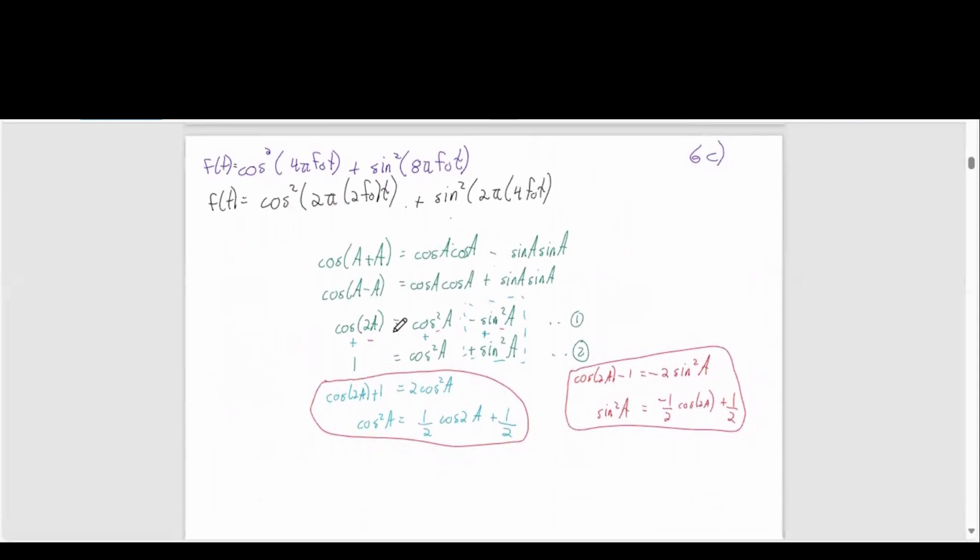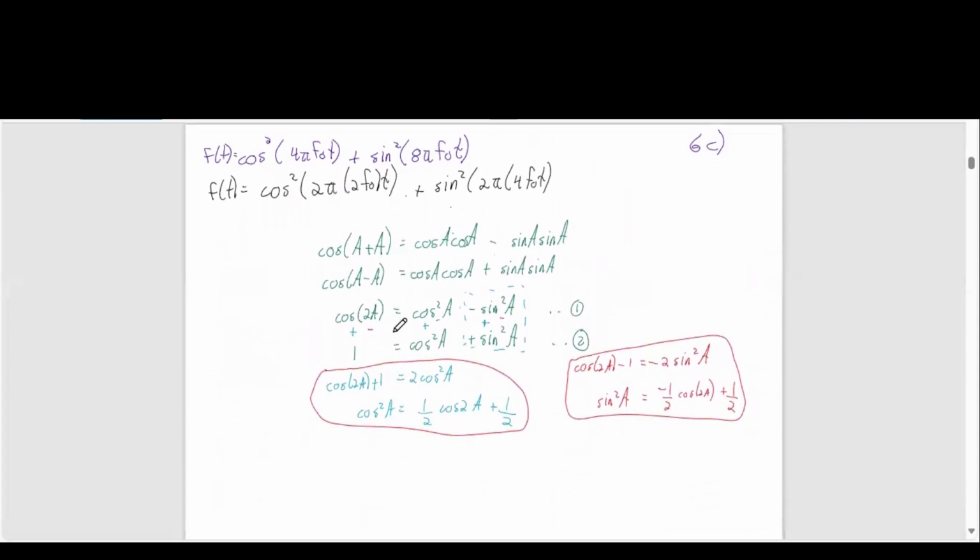So we know A, as I say, is just anything inside the bracket. So let's do it quickly. So we have f of t. All right, doing this first piece here, it'll be a half cos of 2 by 8. So we can just multiply that one time.